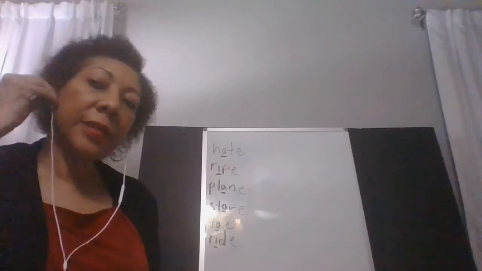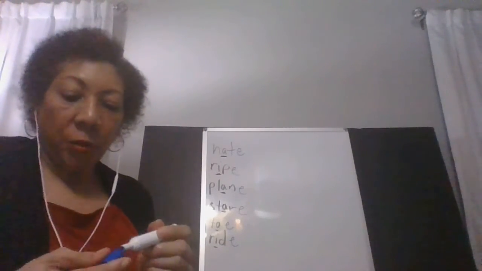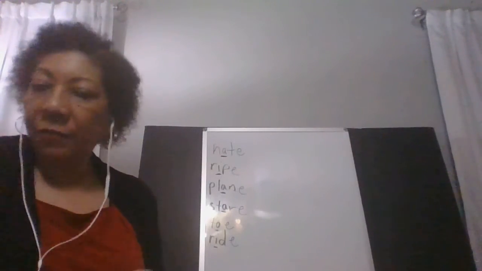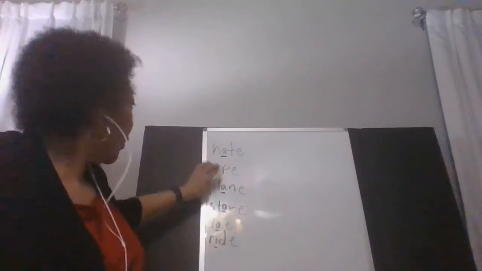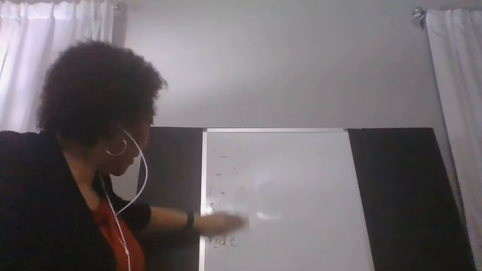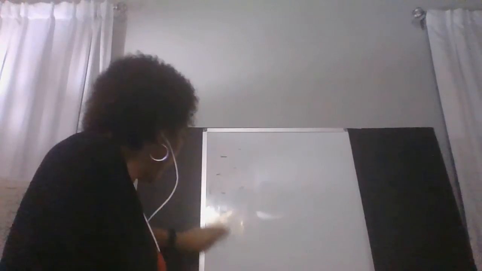So what we're going to do next is start with a word, and you're going to look at it, and let's see if we can figure out if it's long or short and what happens when we add the E to the end of the word. Okay, let me clear our board quickly so that we can start with that.